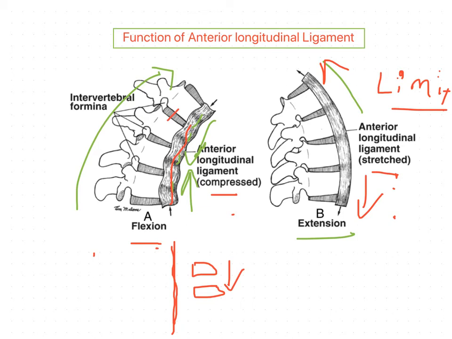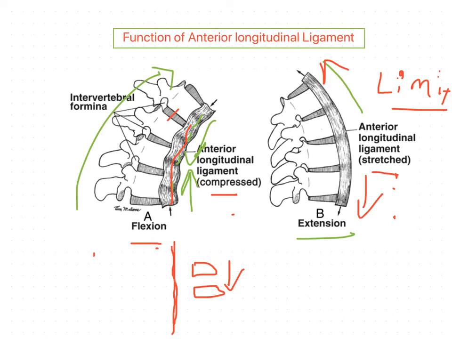When the intervertebral disc is reduced, when the nucleus pulposus starts to degenerate, the size of the intervertebral discs reduces.